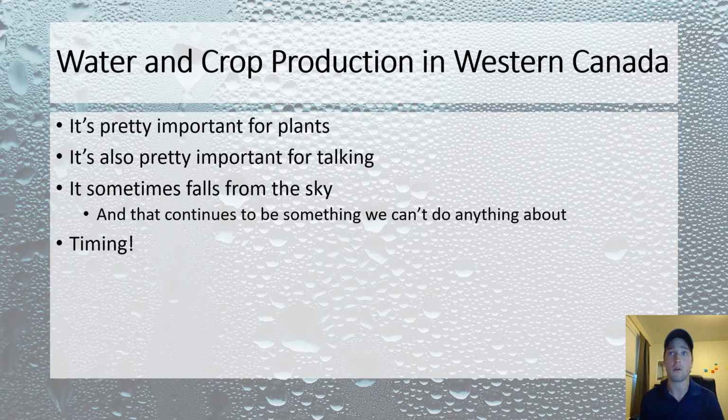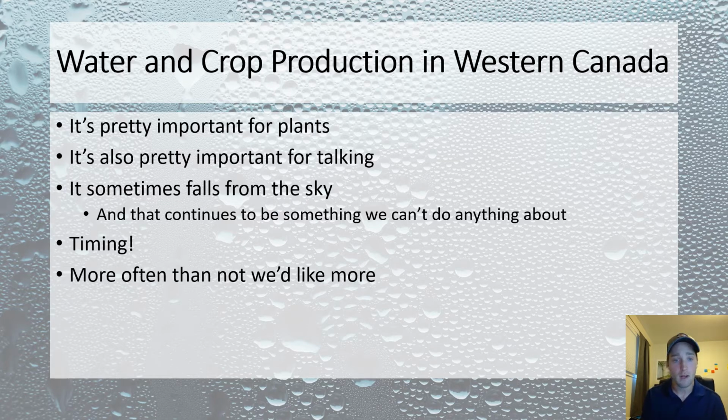We know a rain in the middle of a nice flowering canola field can be very important, whereas rain in the middle of August is a lot less important for our production, or obviously for opposite reasons. More often than not, we would like more. We've discussed that in farming in the Palliser Triangle in an arid environment in Western Canada.